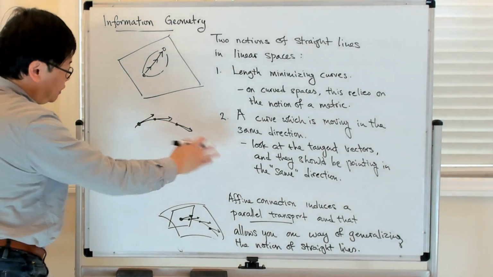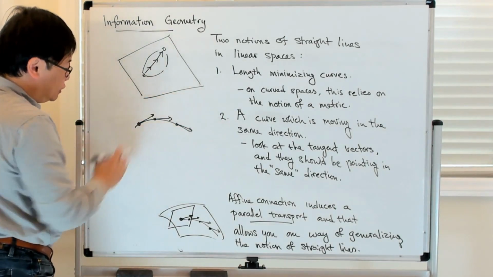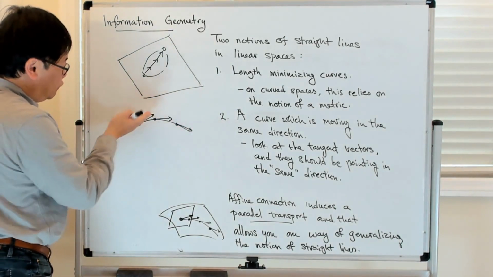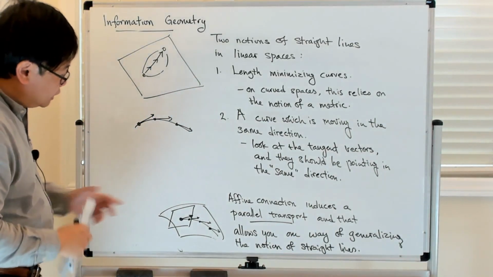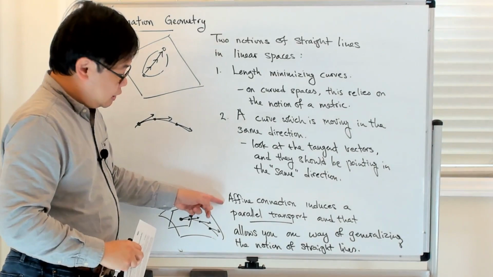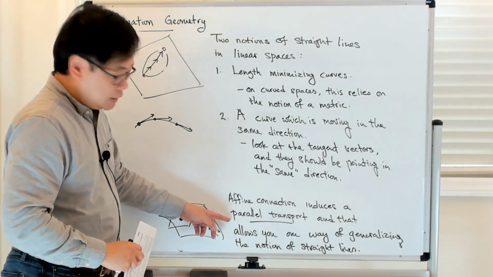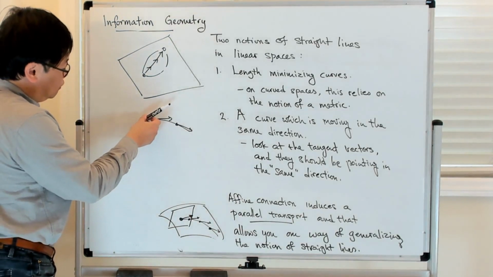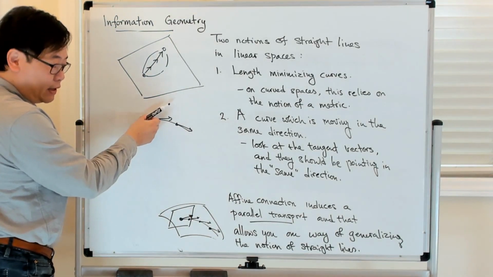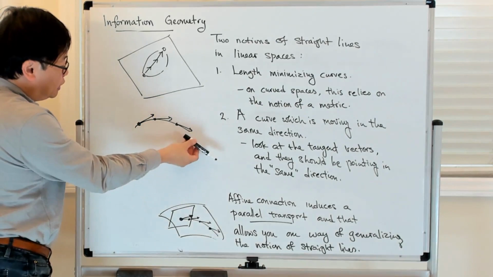But now you have a curved space, all right, and you have these tangent vectors. So what does it mean for these tangent vectors to be pointing in the same direction? And so we had just talked about this idea of an affine connection inducing this idea of a parallel transport. So as you might expect, basically what's happening is that you take this tangent vector and you parallel transport it along the curve.